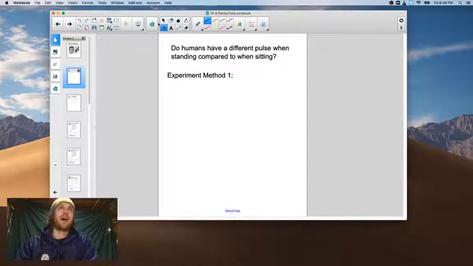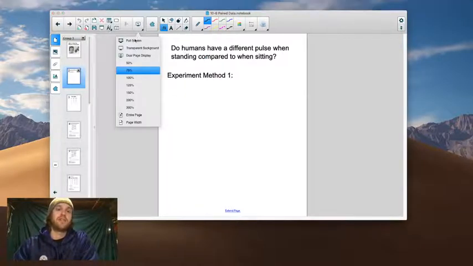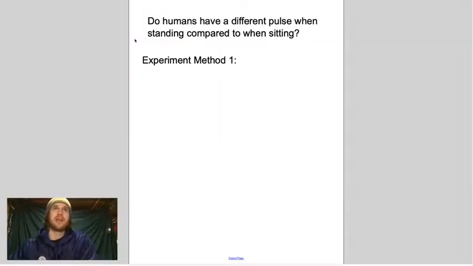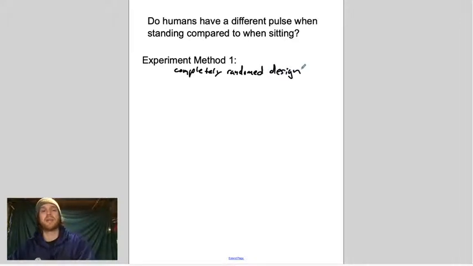So the first option for us for testing this would be a completely randomized design. We went over this way back in the day.